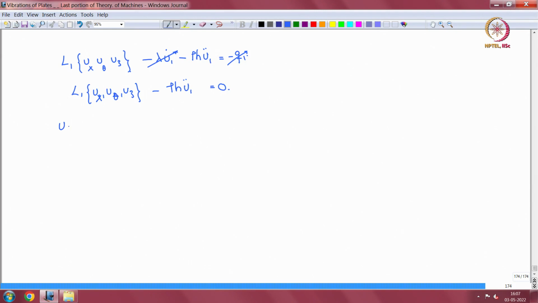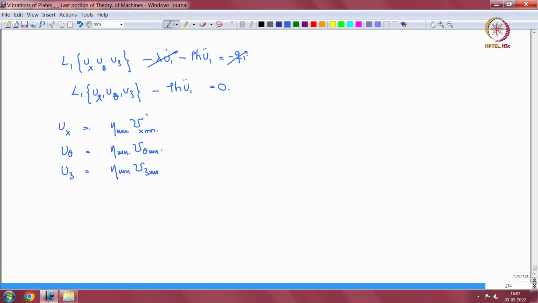So let us say Ux is equal to eta mn Ux mn, U theta is the same eta mn U theta mn, and U3 is eta mn U3 mn.